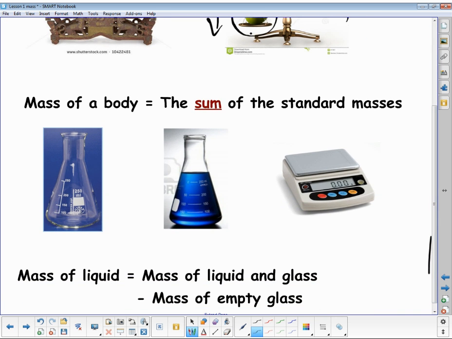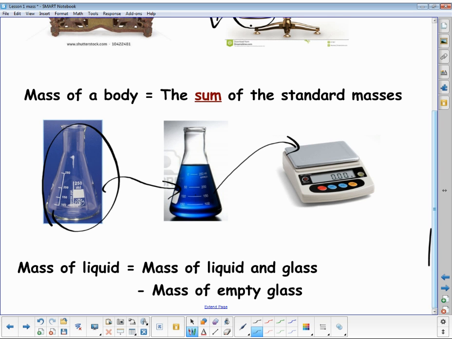But what about a liquid, right? Well, if you take this Erlenmeyer flask and you put in some of this blue liquid and then you put that on the digital scale or the digital balance, you would have to subtract the mass of the empty Erlenmeyer flask from the total in order to know just the mass of the liquid.